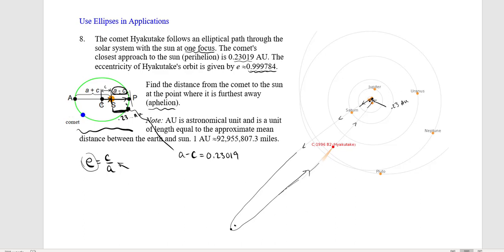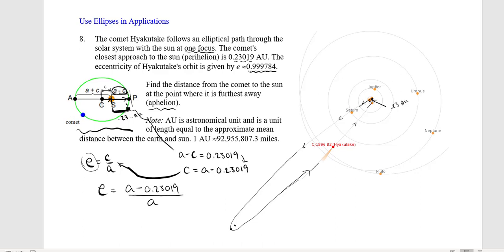Or we could say it this way. Solve for A, maybe. No, I'm going to solve for C. Sorry. C equals A minus this number. And just solving for C, we can plug that back in over here. C is A minus 0.23019 over A.